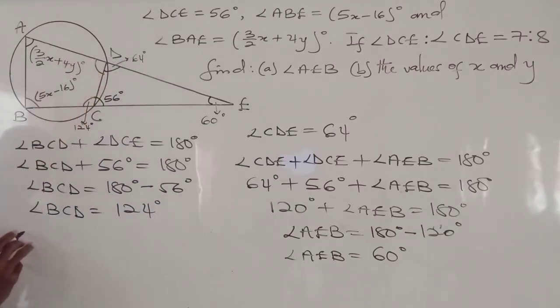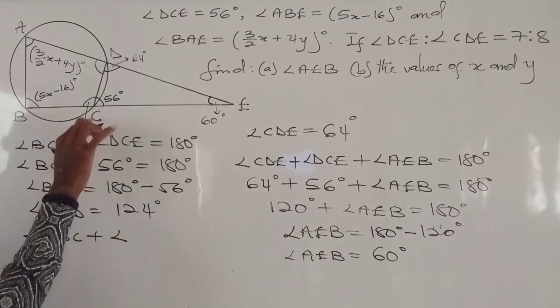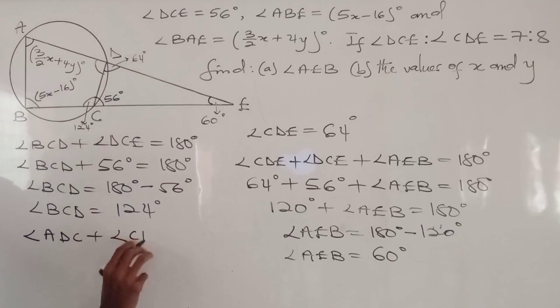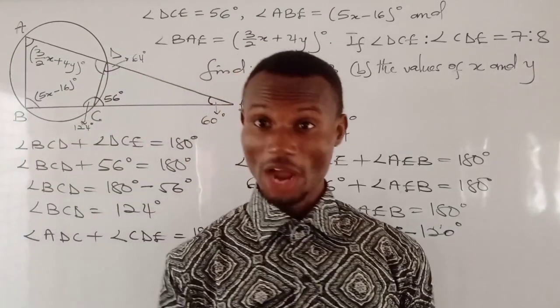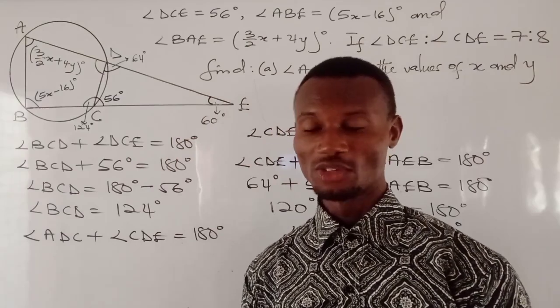So we also have that angle ADC plus angle CDE, the angle here, should give us 180 degrees. I hope you understand and you agree with me up to this point. Let's input our values and solve.